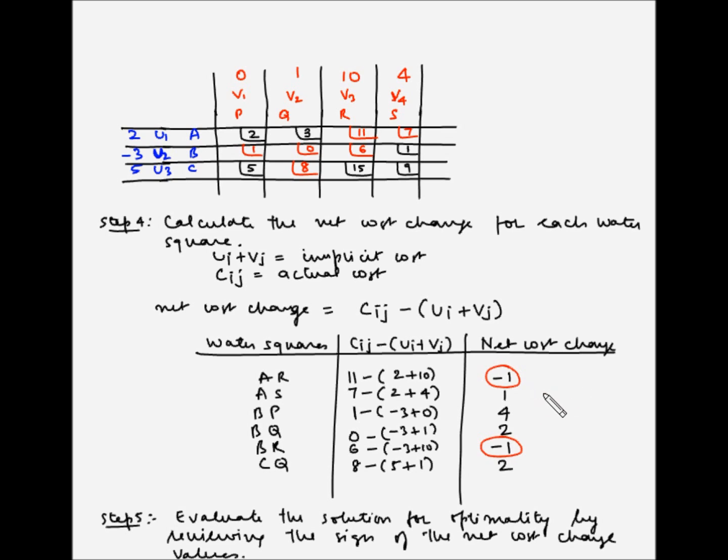So definitely, since we have negative values for net cost change, we have not yet reached the optimal solution. Now we'll have to iterate towards optimality in the next step, and we'll find out how to choose one of the squares between these two.